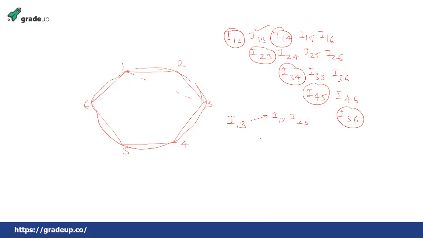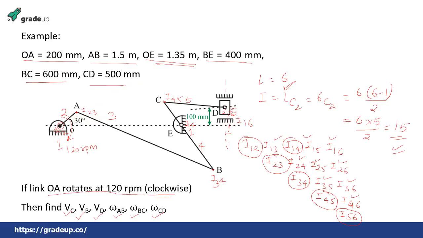Along this line, because this is I12 and this is I23. Then where is I14 and where is I34?